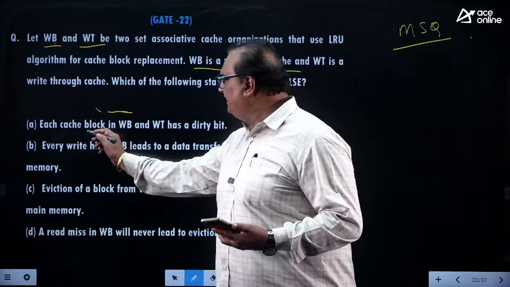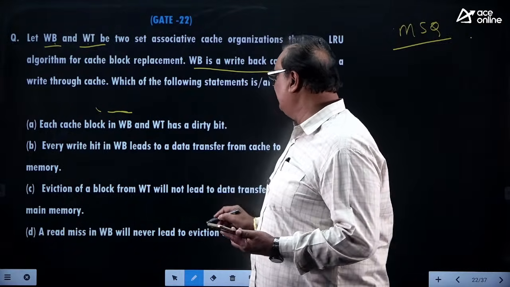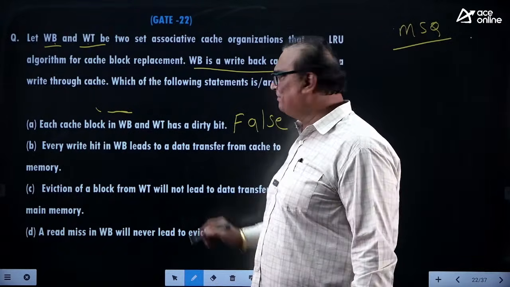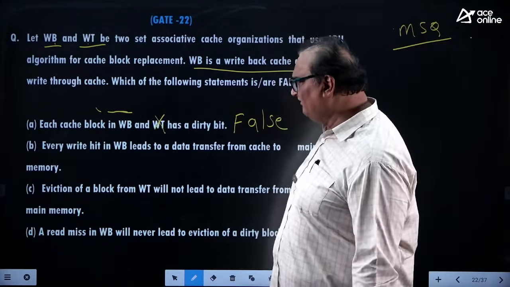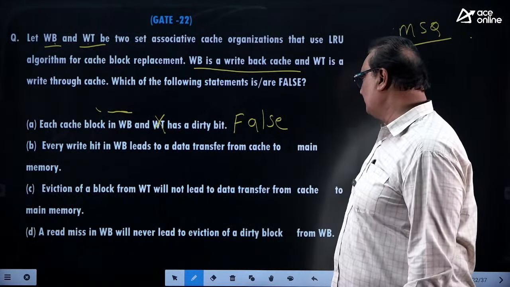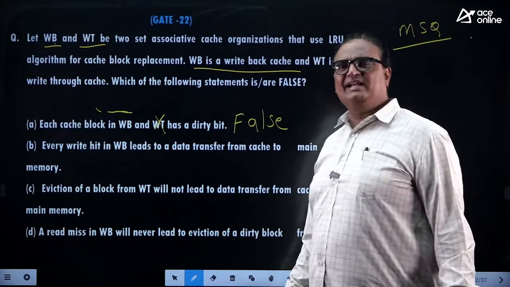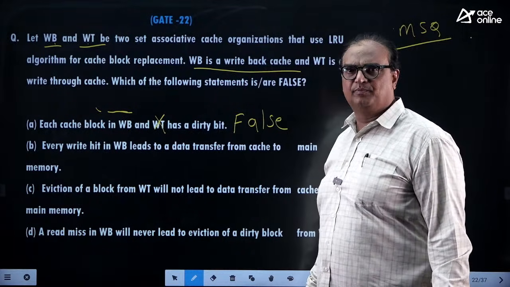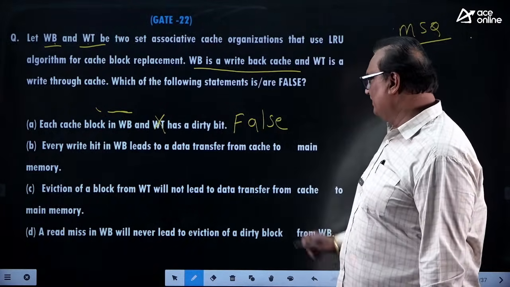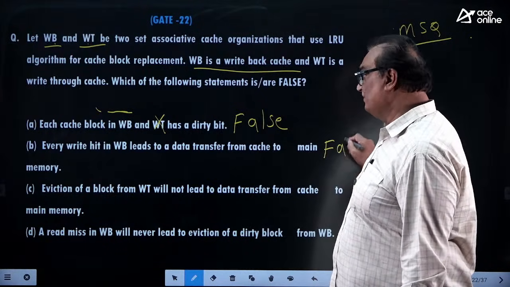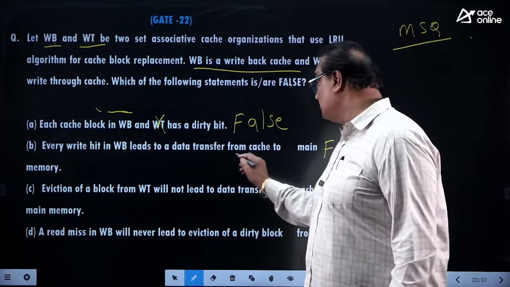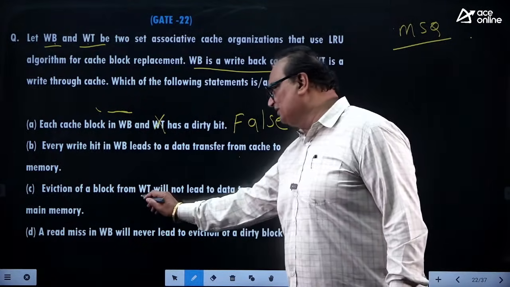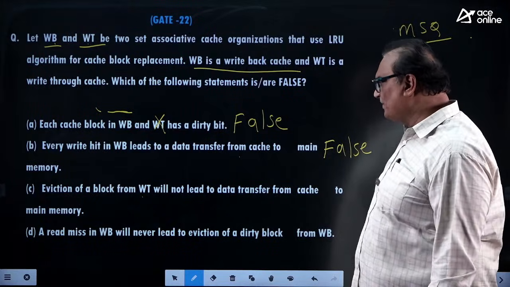Look here. Each cache block in WB and WT has a dirty bit. It is false. Why? Dirty bit is needed only for write back but not for write through. Every write hit in WB leads to data transfer from cache to main memory. When a write hit has occurred in WB, no need to transfer the present cache line to main memory. That's why it is false. Eviction of a block from WT will not lead to data transfer from cache to main memory.